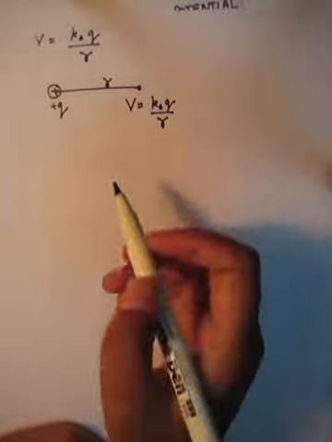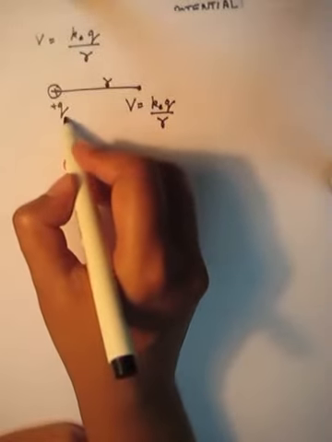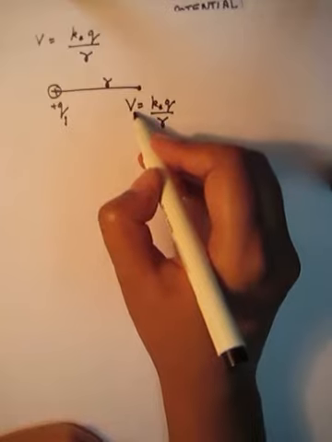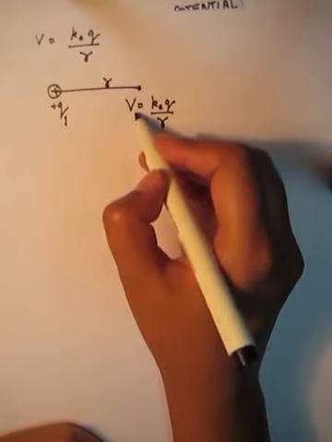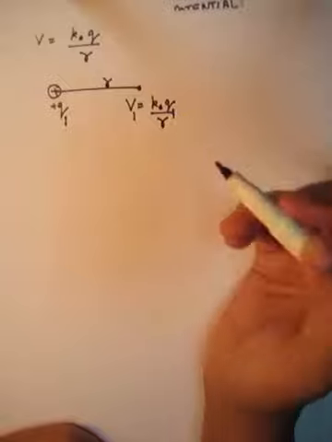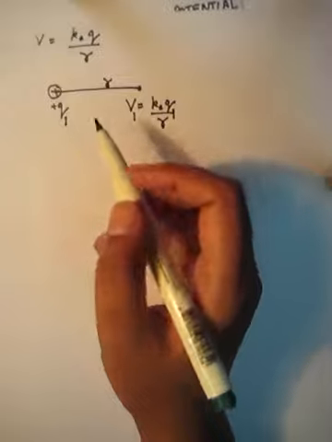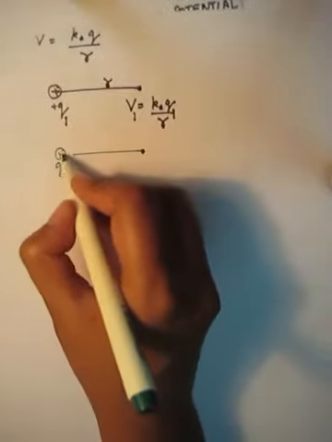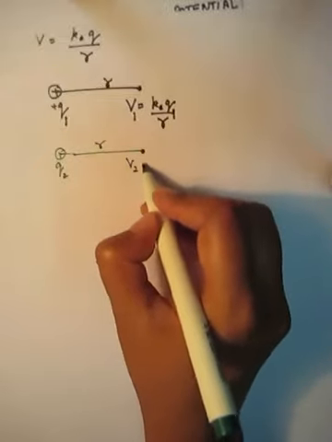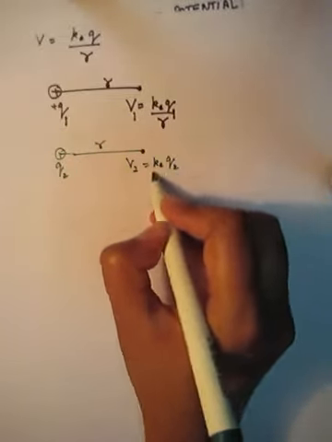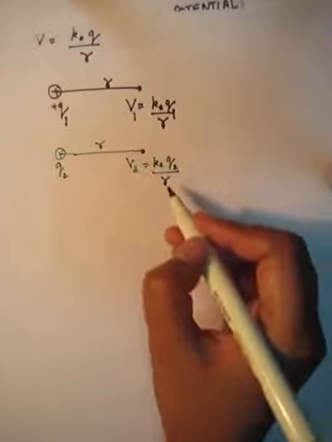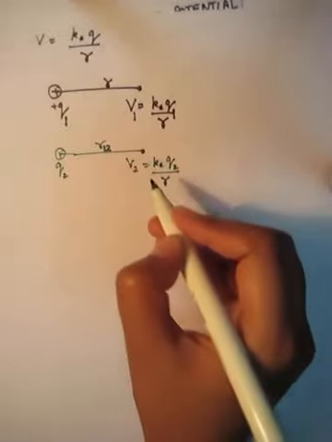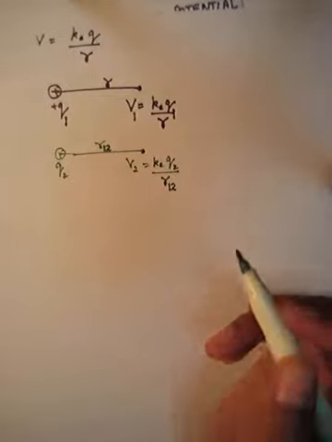Now suppose that you have some charge which is Q1. So if this charge is Q1, then this potential due to this charge will be V1 and the charge will be Q1. Also, if there is any charge Q2, then at this point the potential will be KEQ2 upon R12, where this distance R is R12.